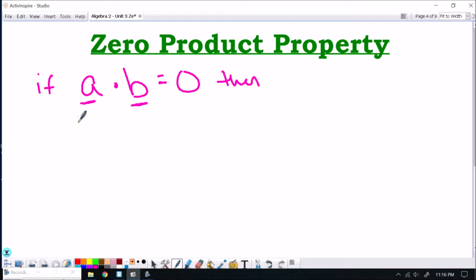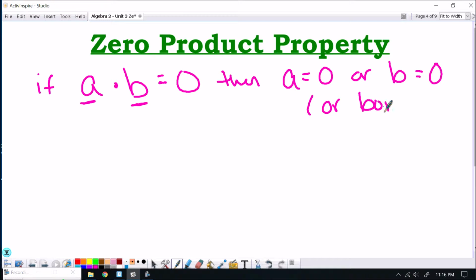You can't multiply and get 0 without at least one of them being 0. So a has to be 0, or b has to be 0, or it could be that both are equal to 0.